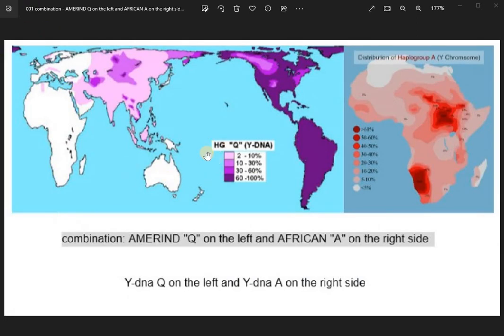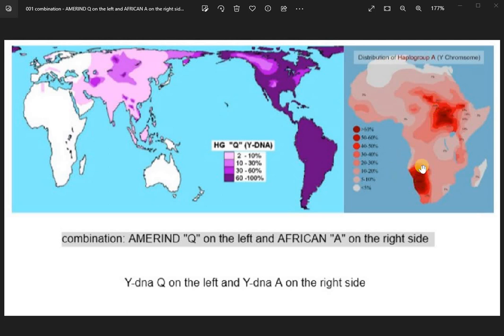Quickly resuming, this is Q and this is A. A, the biggest area is here in Southwest Africa, very arid, desert-like, and here is a desert-like region because it's close to the Sahara.